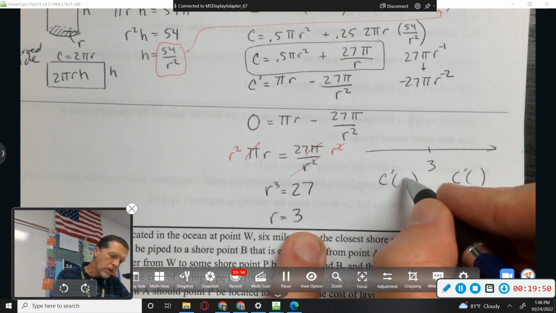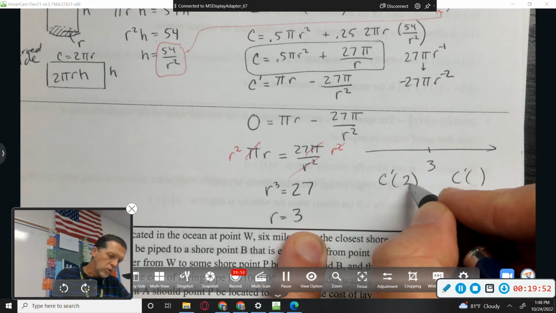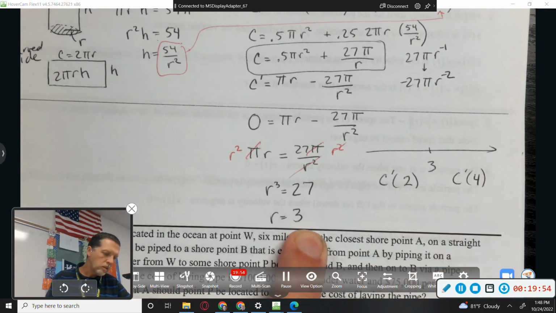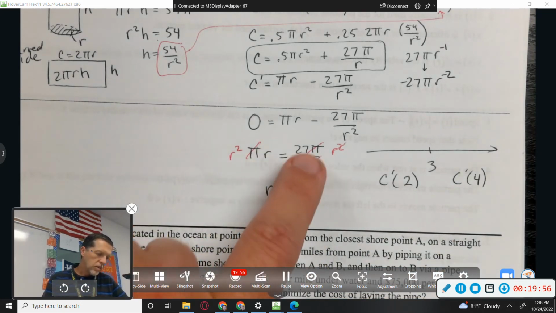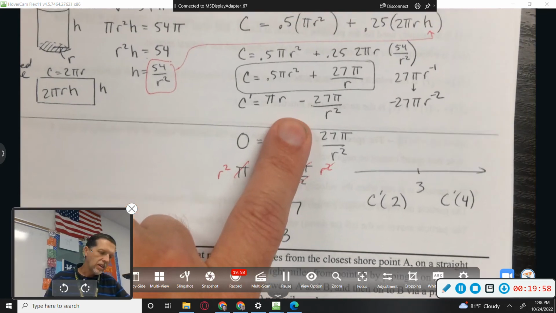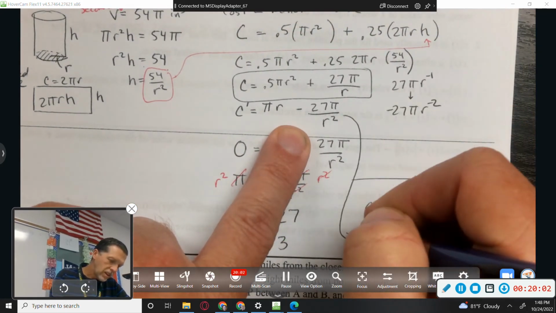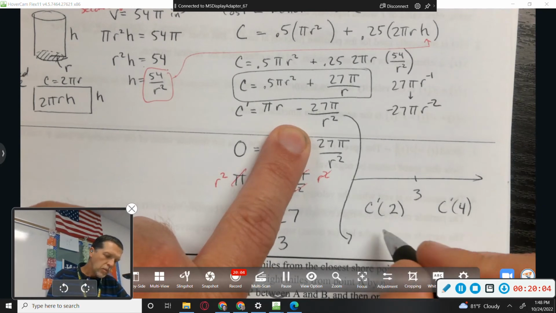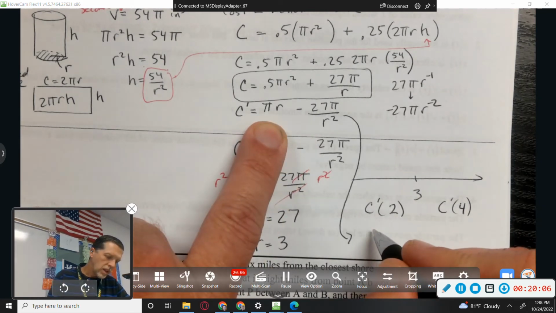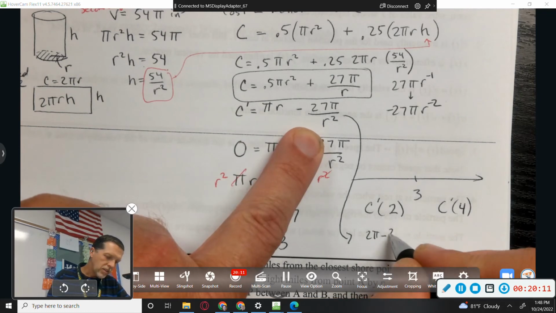So C prime of 2 and C prime of 4. Oh, this is going to be kind of ugly. C prime of 2 would be 2 pi minus 27 pi over 4.